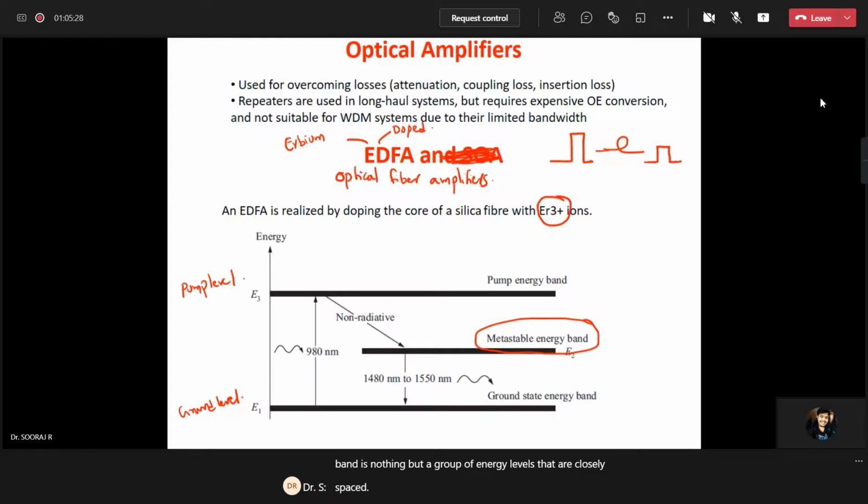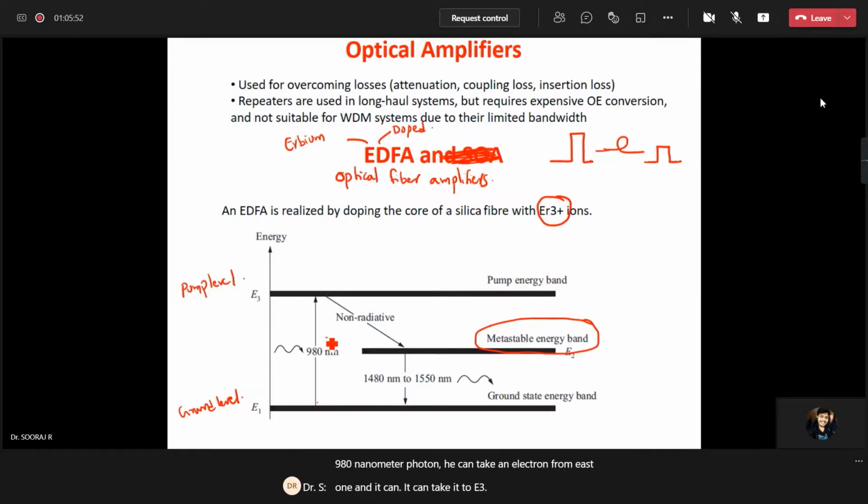So if you look at the characteristics of these erbium atoms, the energy separation between E3 and E1 corresponds to 980 nanometer. That means if you have a 980 nanometer photon, it can take an electron from E1 to E3.